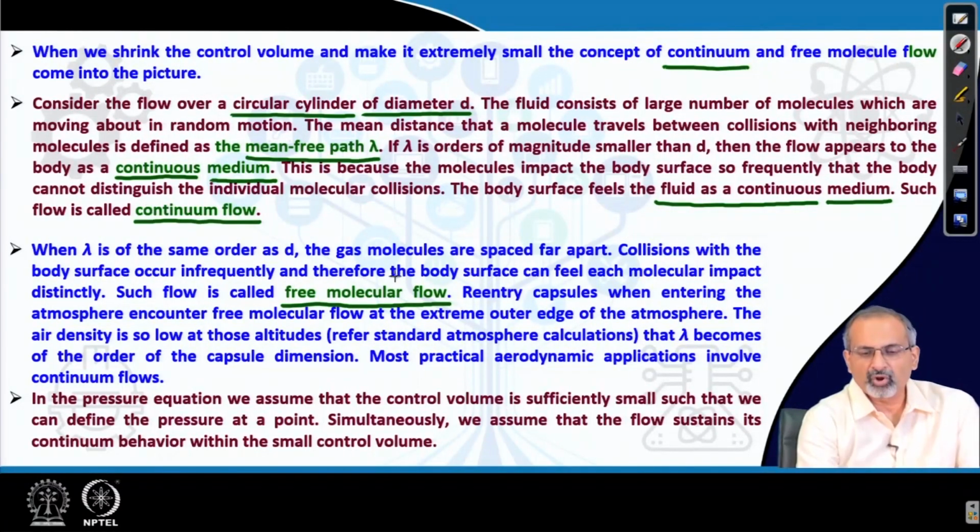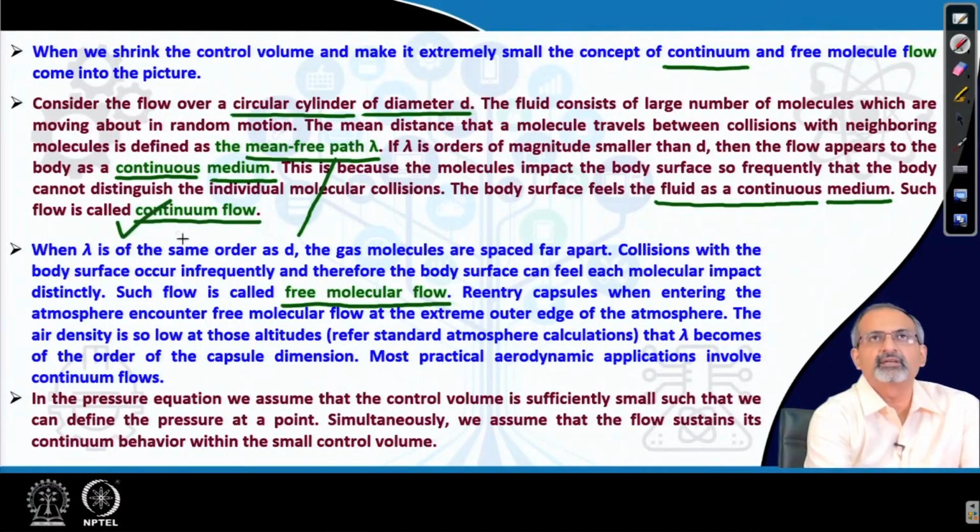It would depend on whether the diameter is comparable to the mean free path of the particles or it is way larger than it. If it is much larger, then the flow appears to be a continuum. If it is comparable, then it has a so called free molecular flow.